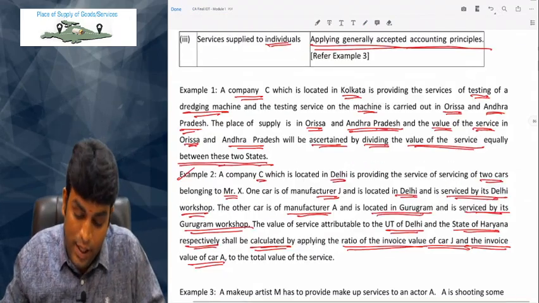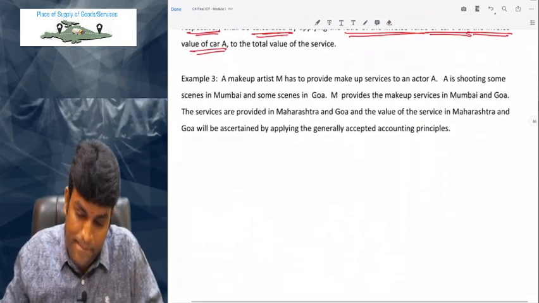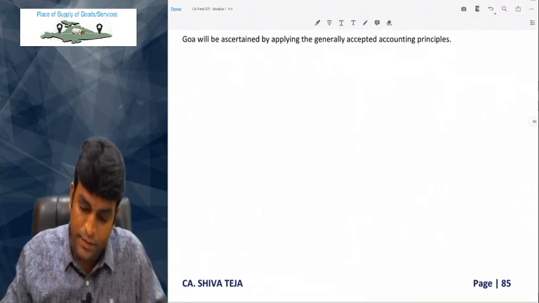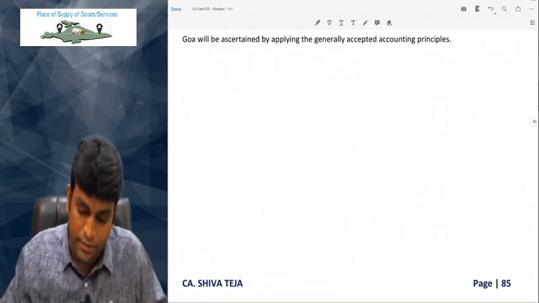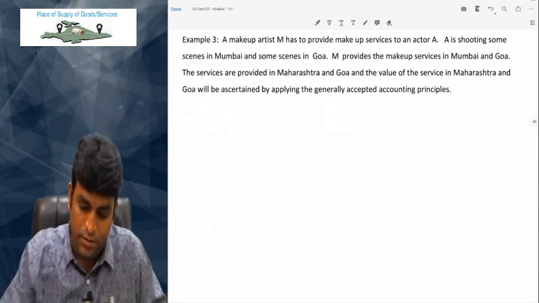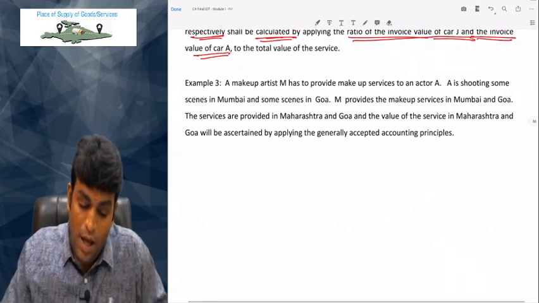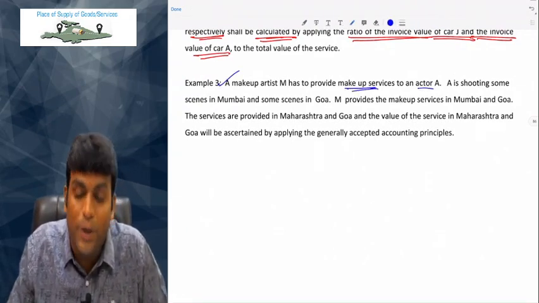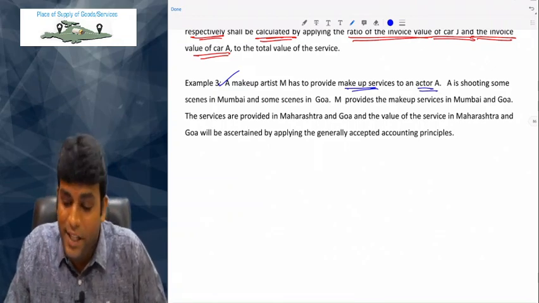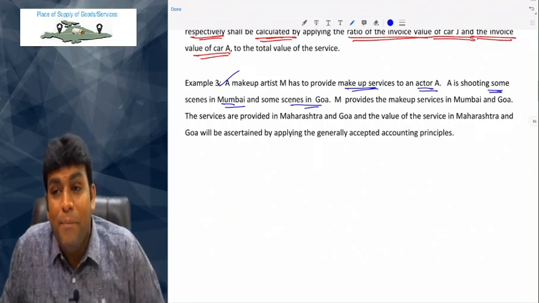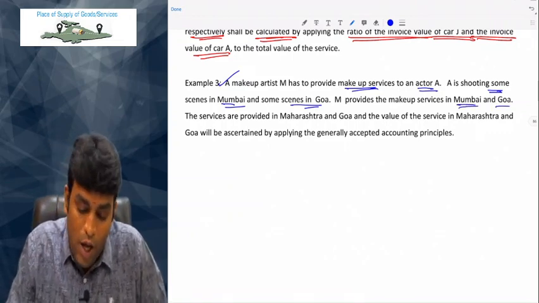Example 3. See now. A makeup artist M has to provide makeup services to an actor A, some Hollywood actor. A is shooting some scenes in Mumbai, some scenes in Goa, and M provides makeup services in Mumbai also, Goa also.